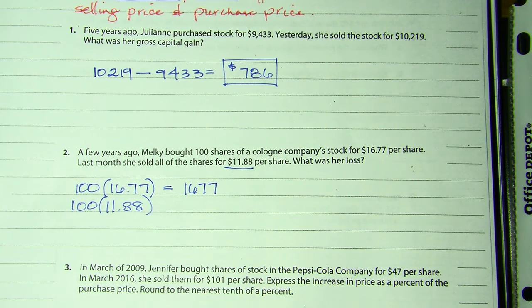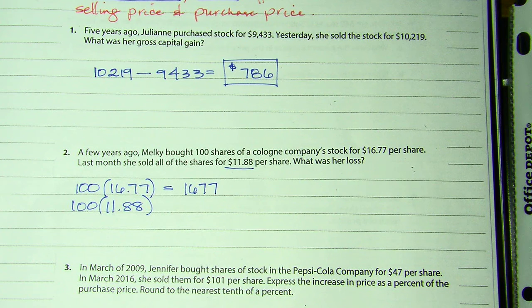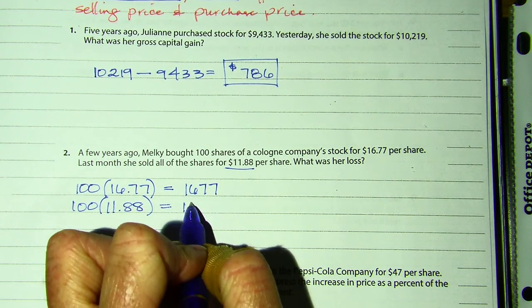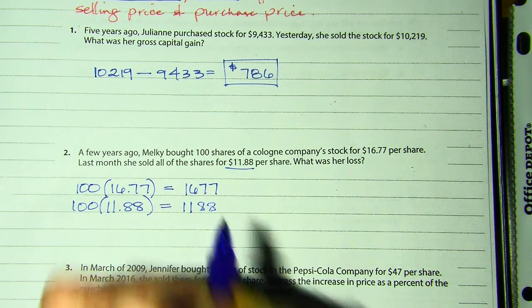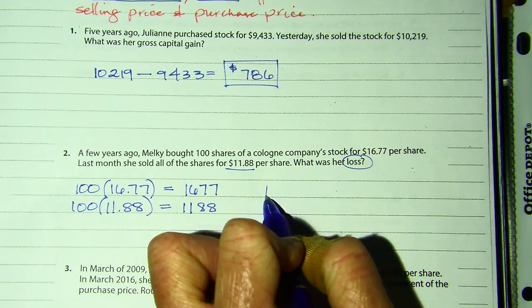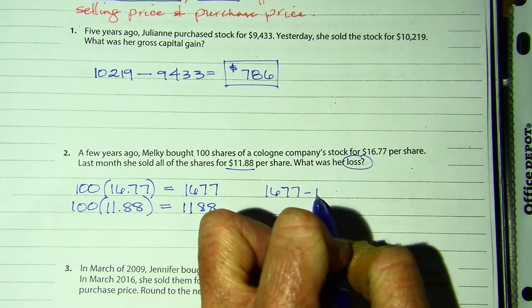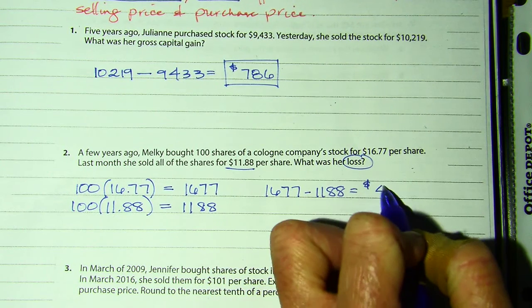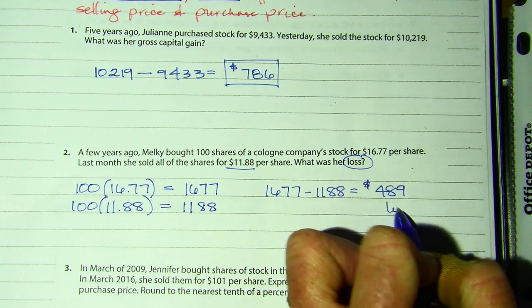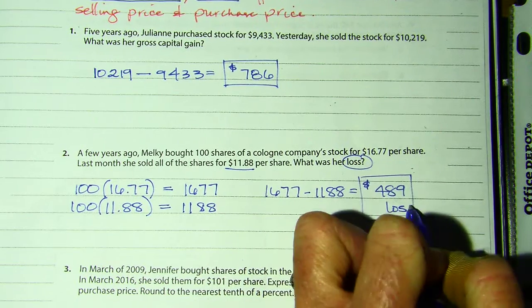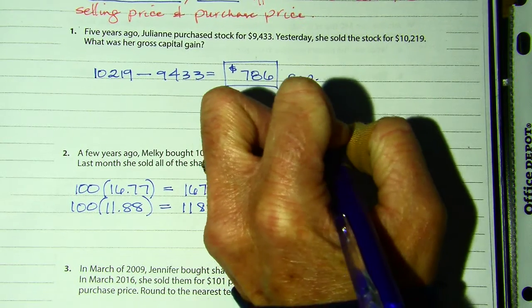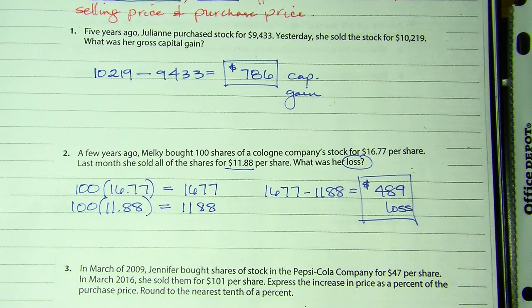So notice she bought it for way more than she sold it. So if I multiply that, I get $1,188. So her loss is what she paid minus what she sold. So she has a loss of $489. So this was a capital gain. The second one was a capital loss.